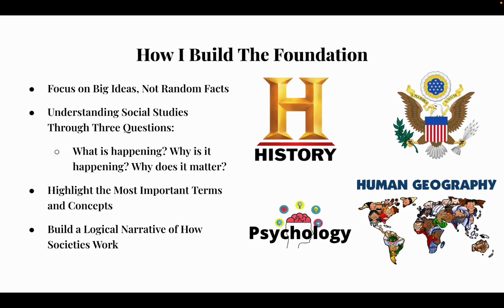This approach allows students to understand not just historical events, but also economic systems, political structures, cultural beliefs, and geographic influence, etc. The result of all of this, students move beyond memorization and begin to understand how societies function, why changes occur, and how different forces shape the world around them.